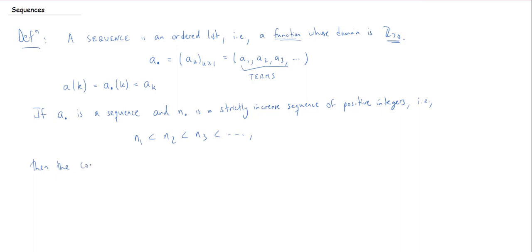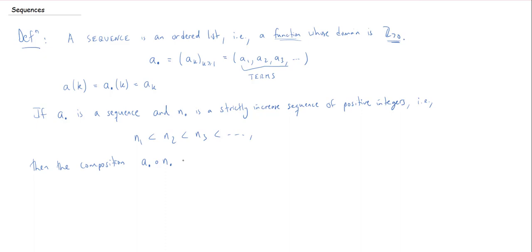So I look at the composition where I'm going to compose A dot with N dot. And when I do that, now A dot is only going to see the image of N dot. And the image of N dot are all these numbers here, N1, N2, N3, etc.